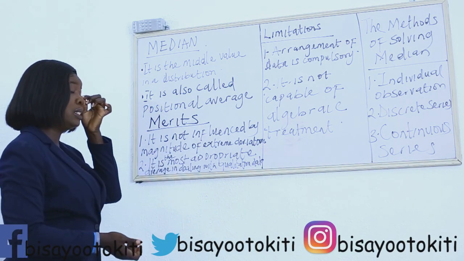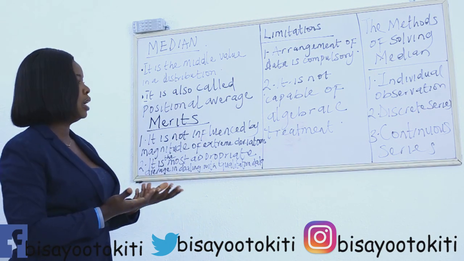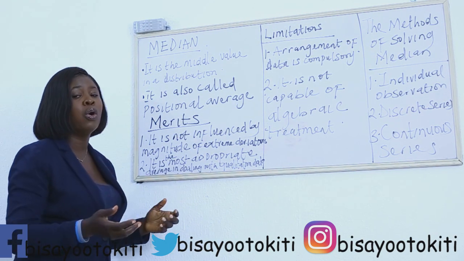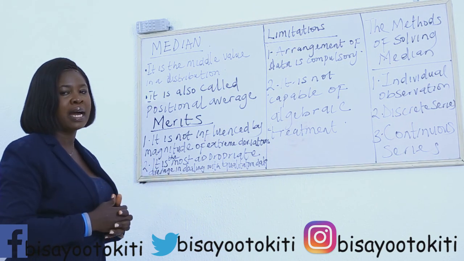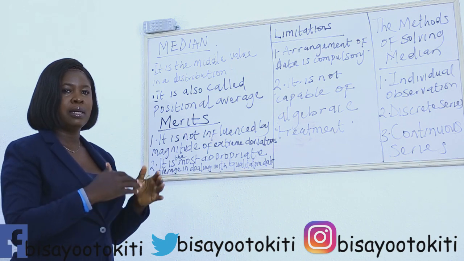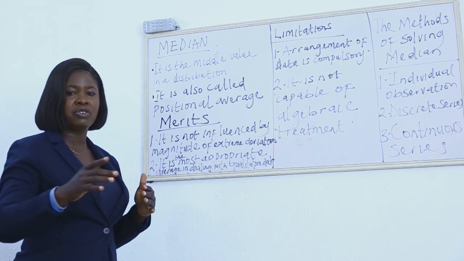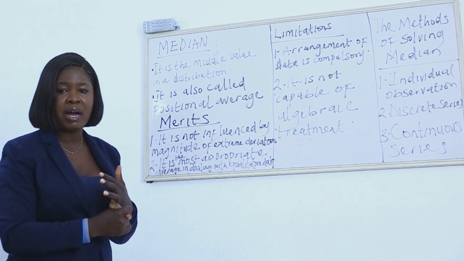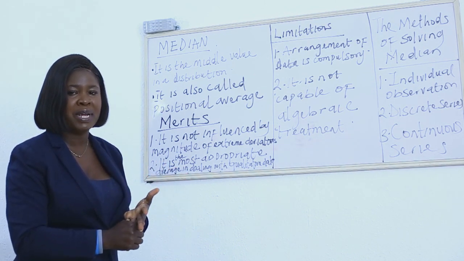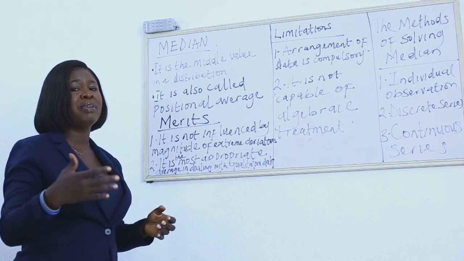Median. What is median? Median is the middle value in a distribution, and it is also called the positional average. Like we said in the last video, what are the methods of measures of central tendency? We have the simple mean, the arithmetic mean, then the median, the mode, the geometric mean, and the harmonic mean.